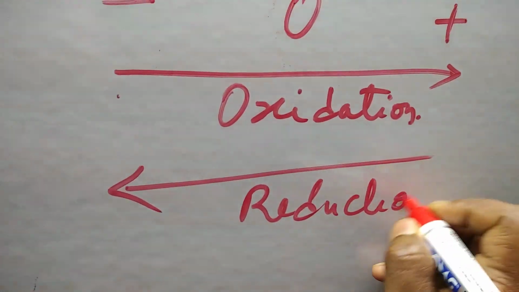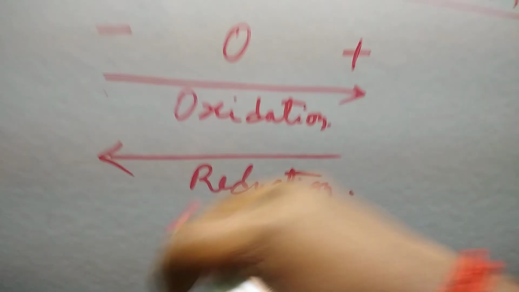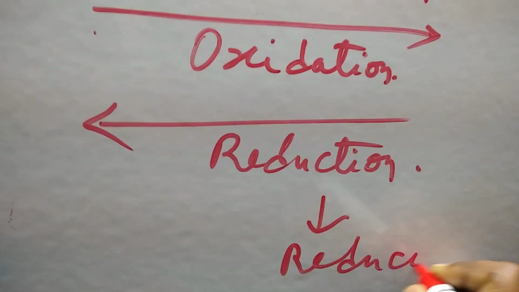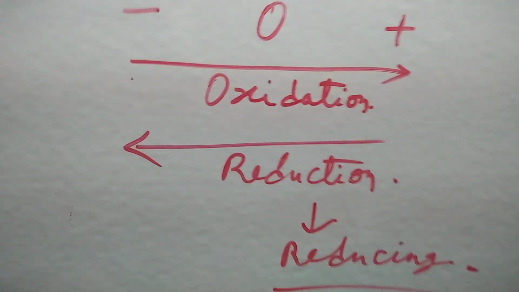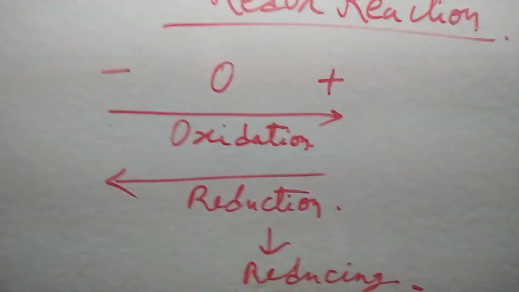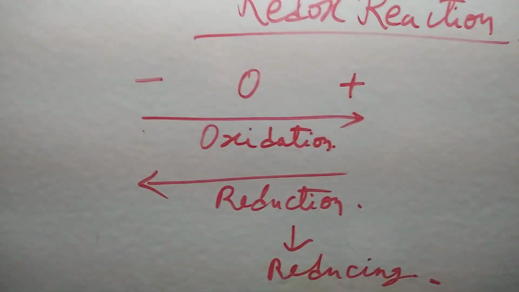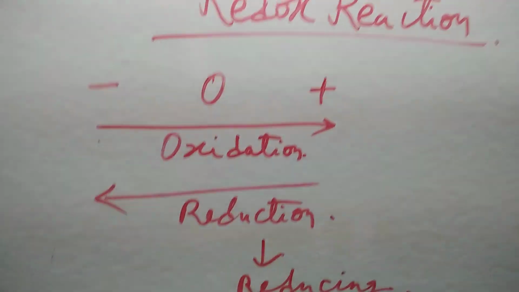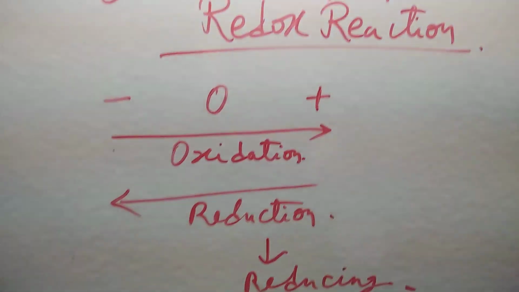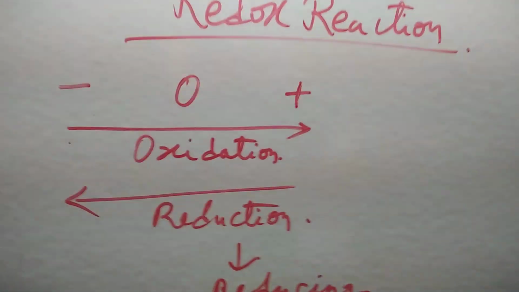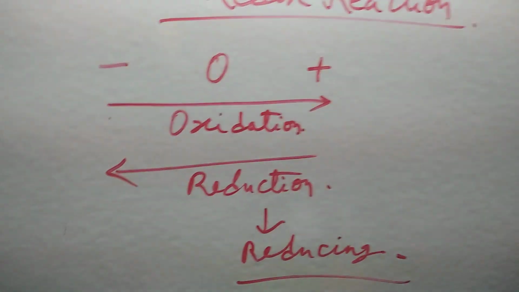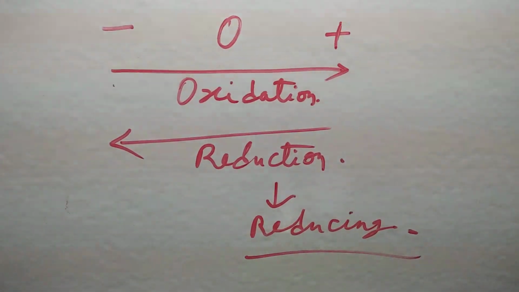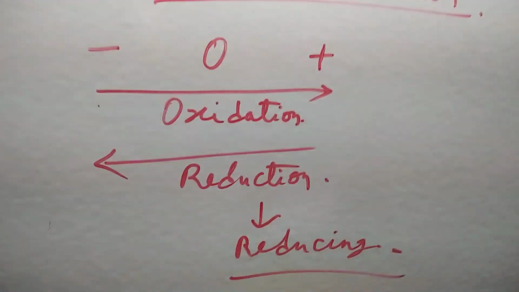See, from the name only, reduction, that means reducing the charges. That means if any of the charges, let's take +6 in the reactant side, and it becomes +2 in the product side, or -1, it may happen. That time it will be reduction.